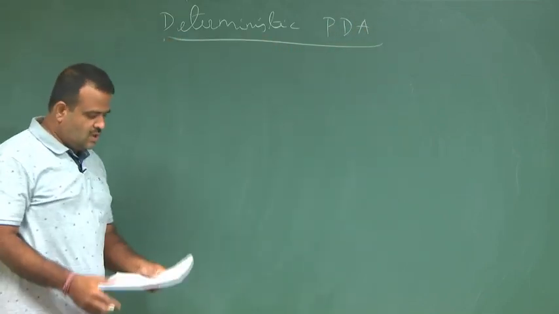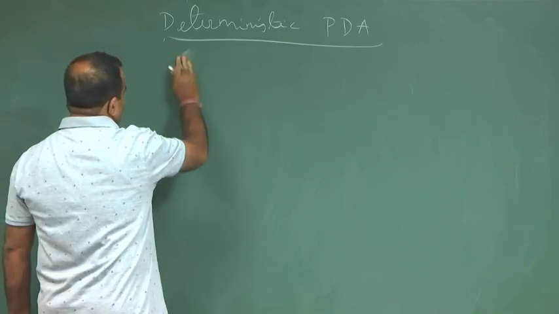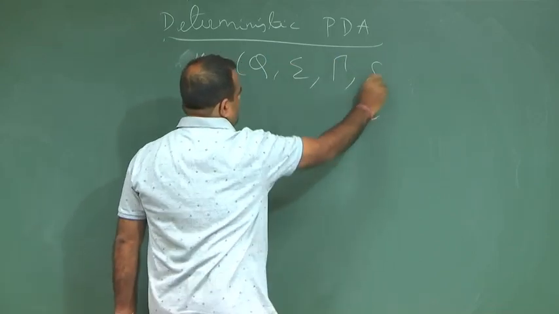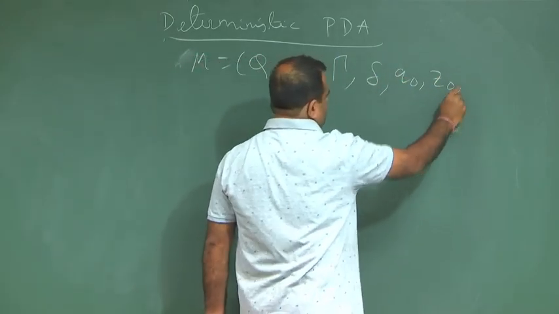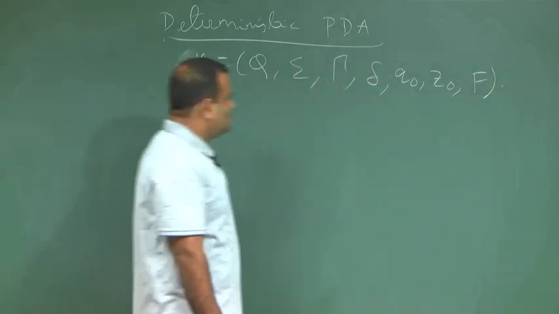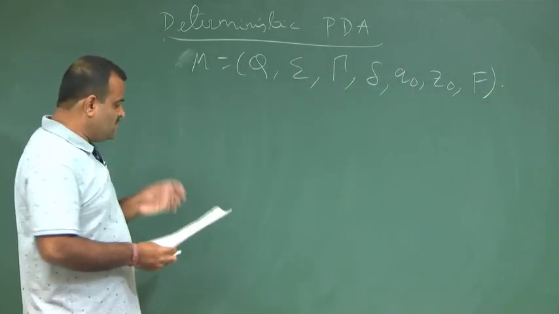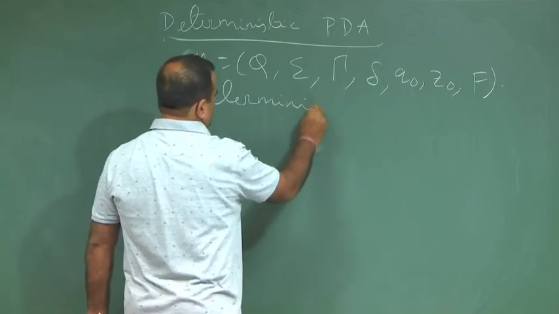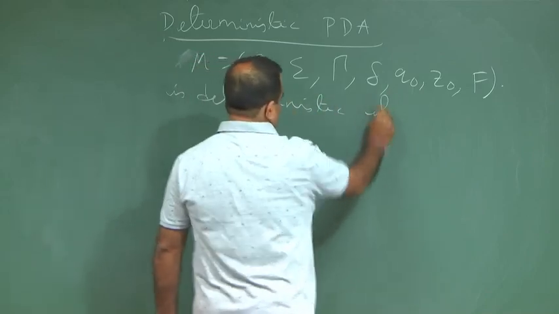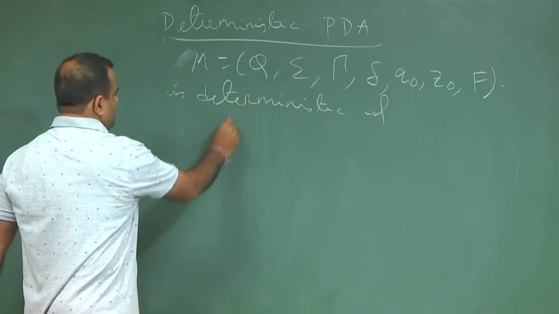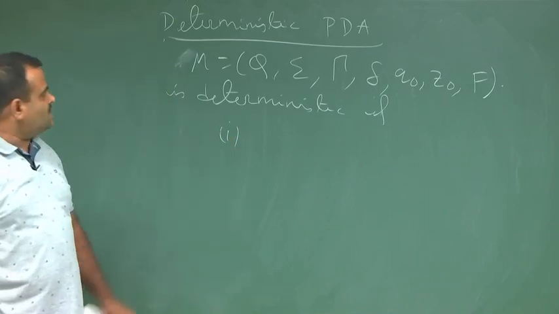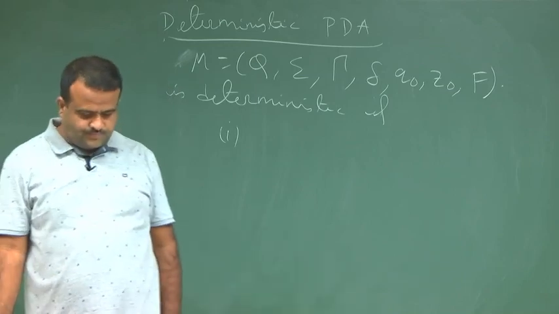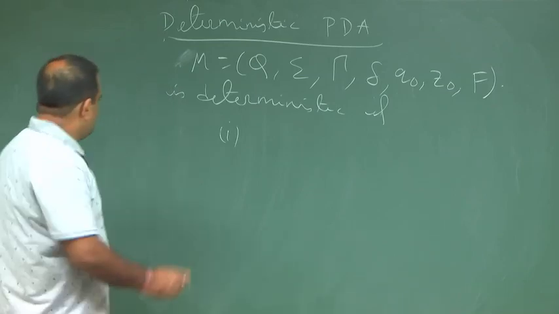Deterministic pushdown automata. So, a PDA which is again this tuple, delta, Q0, Z0, F, is deterministic if, I mean, for non-deterministic, what was delta for the PDA?